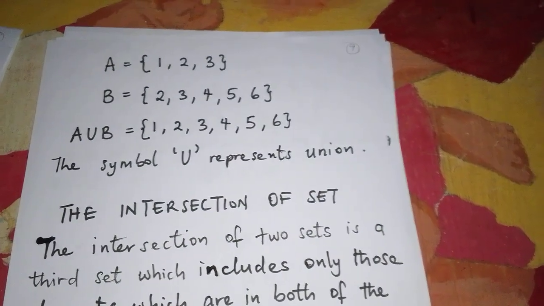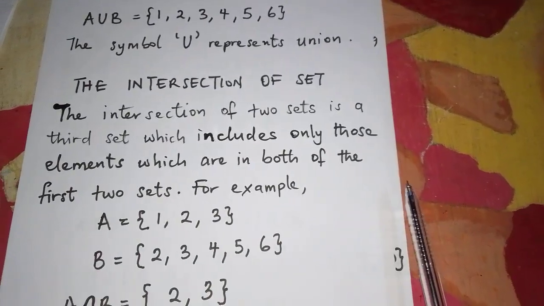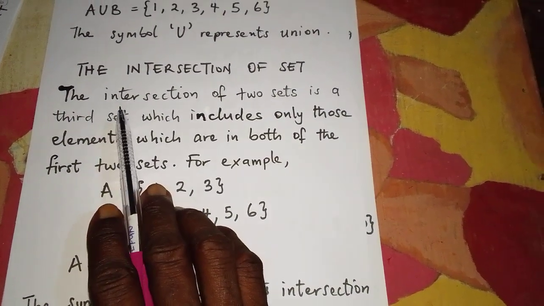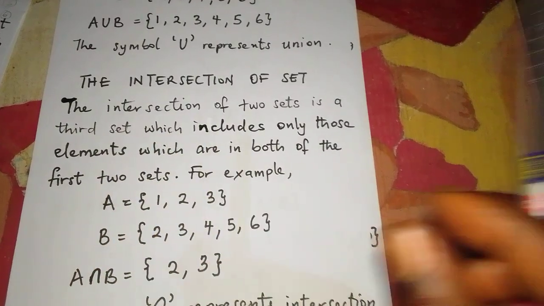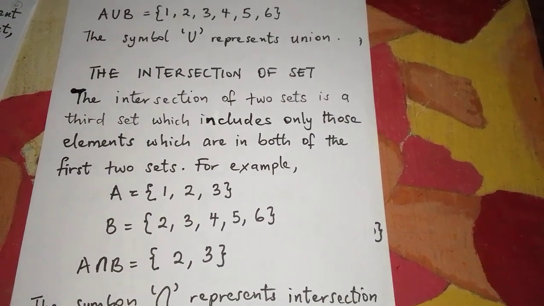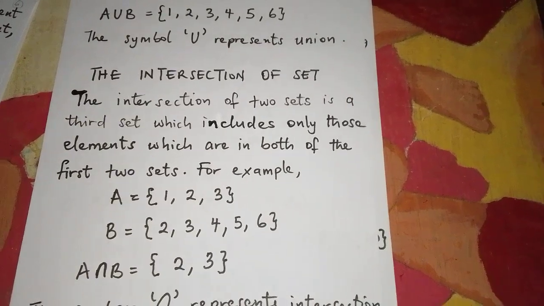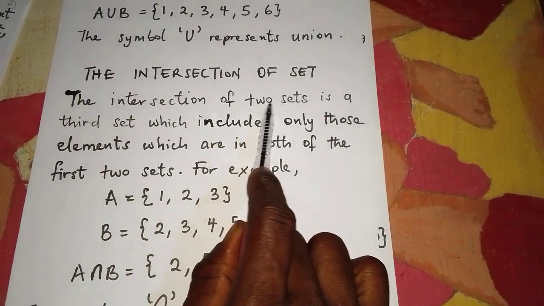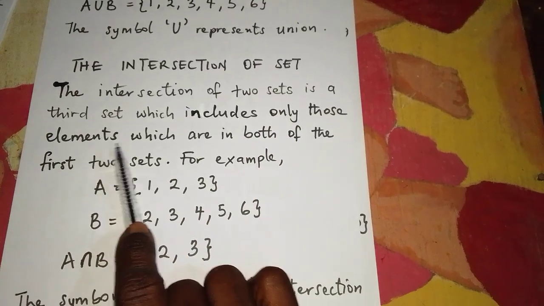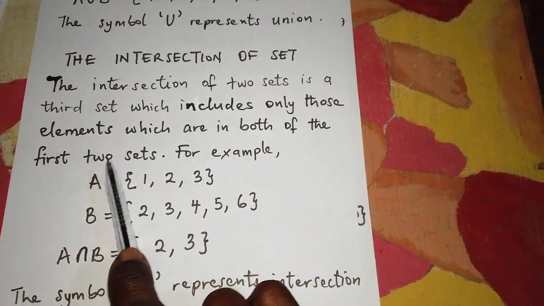Also, now let's consider the intersection of sets. When you talk of the intersection of sets, it means that you are looking for those elements that are common to two or more sets. The intersection of two sets is a third set which includes only those elements which are in both of the first two sets.